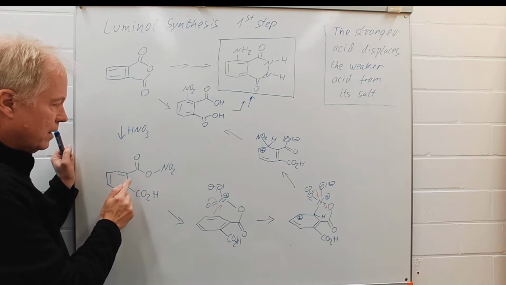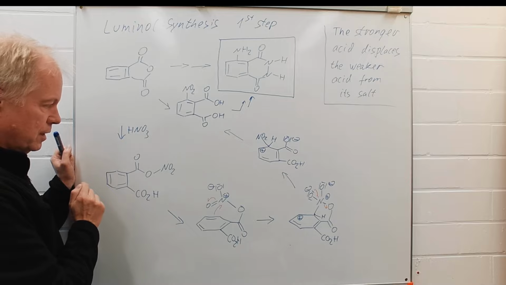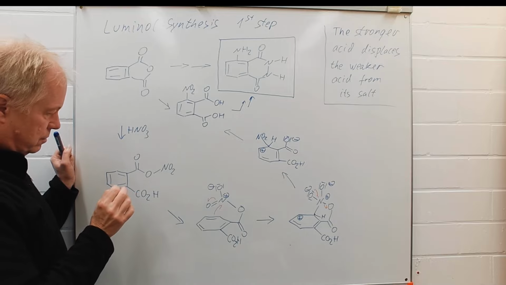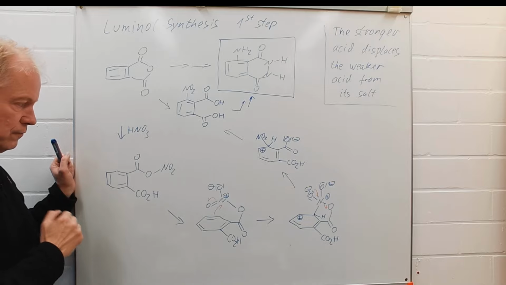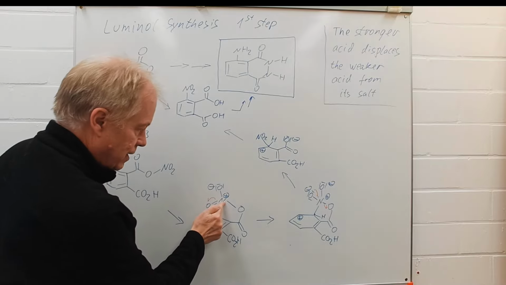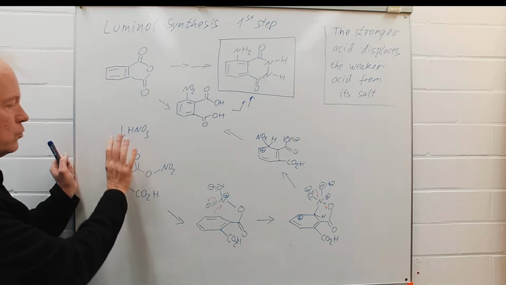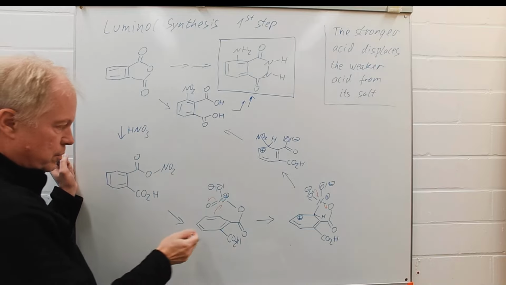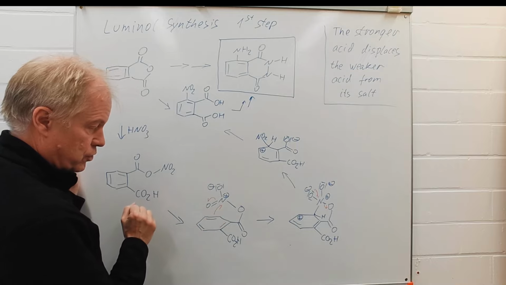And now the nitration of the ortho position should proceed intramolecularly. Therefore, that electrophilic nitrogen has to come by rotation of that group in close proximity to this position.